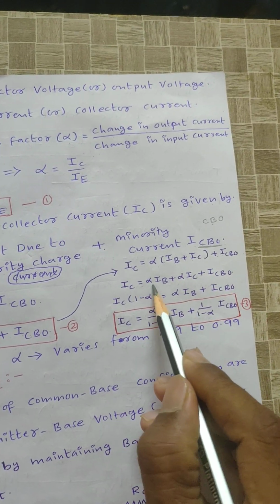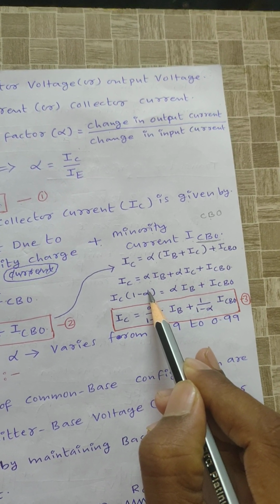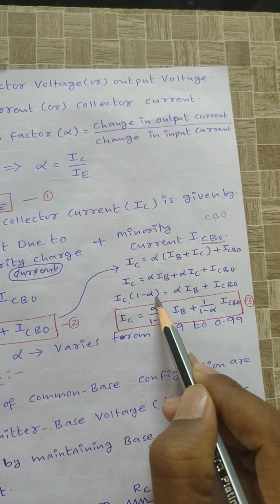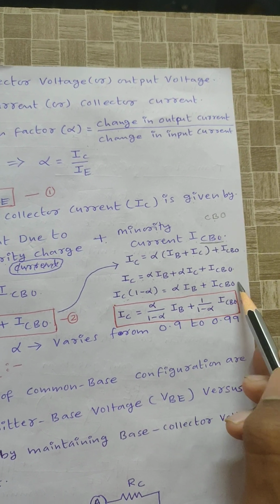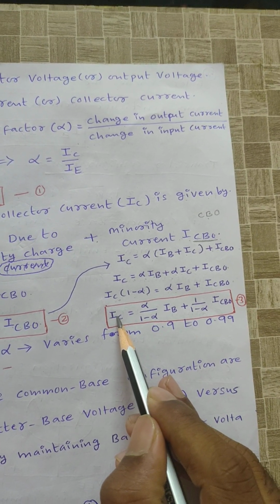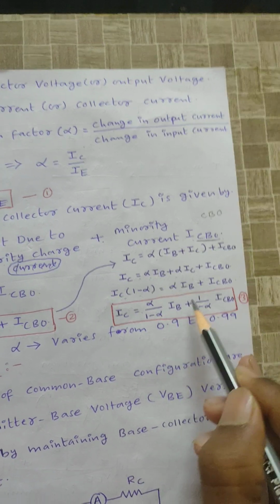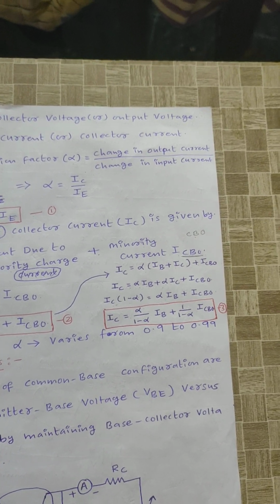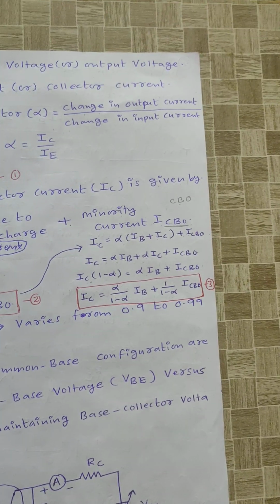If I simplify this equation, I can take alpha into IC to the LHS. Then taking IC as common, you get IC into (1 minus alpha) equals alpha into IB plus ICBO. Then the collector current IC equals alpha by (1 minus alpha) into IB plus 1 by (1 minus alpha) into ICBO. This is the output current equation if we consider minority charge carriers also.